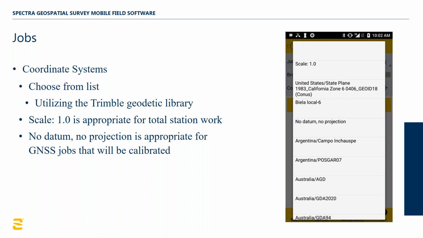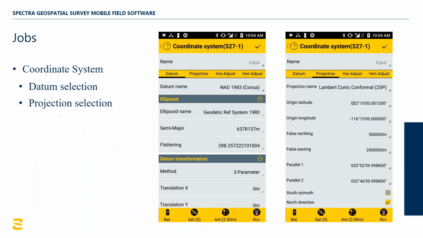So in my mind, scale 1 is for total station, and then everything else is for my GNSS. Again, if I don't have these coordinate system parameters installed already, it will download the geodetic library from Trimble's website.